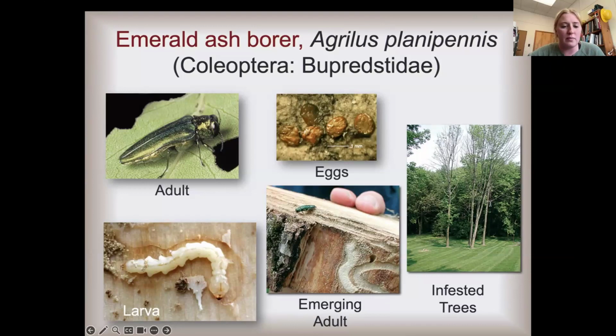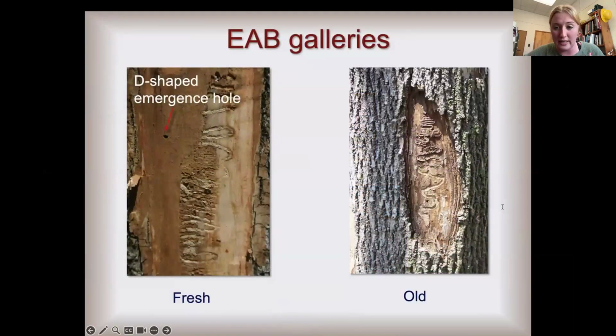The males and females will mate and lay eggs on the bark, and then the cycle repeats. The larva will hatch and bore through the bark and begin feeding on the phloem tissue, and then they'll scour the outer sapwood, which is where you may have seen these S-shaped galleries. It is really characteristic of emerald ash borer infestations. You see these S-shaped galleries in the tree.